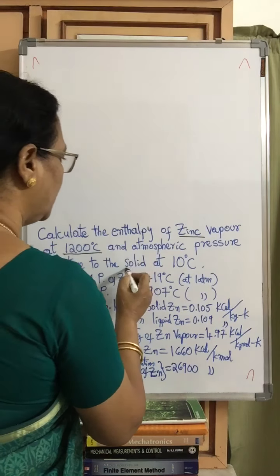In order to solve this problem, drawing a diagram is very advantageous. First start with the solid zinc, like a graph form. If you draw here, this is temperature, and this is supply of heat energy.